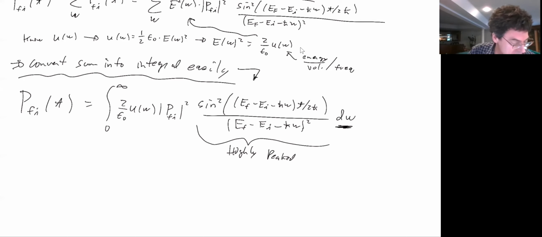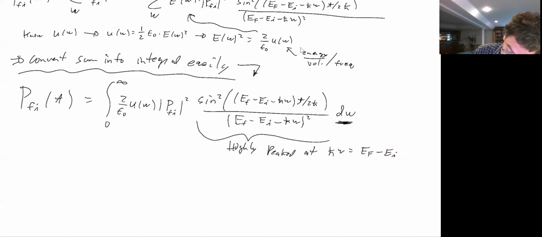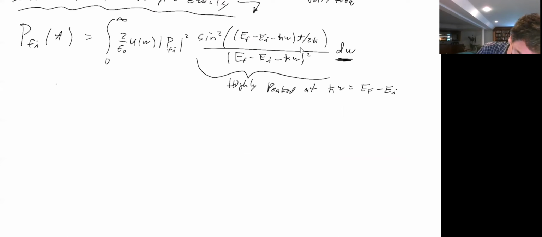If I plot this function, it's highly peaked at h bar omega equals the difference between the initial and final energy. Because remember, this function looks like this. We've plotted it before. It looks like this.